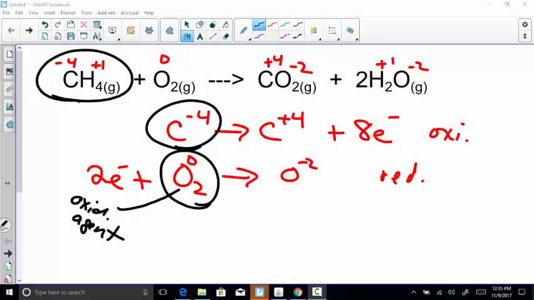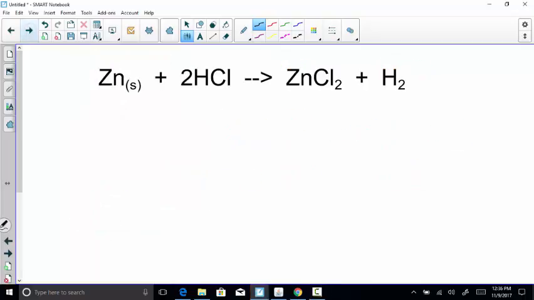And the reducing agent is CH4. The reason why it is CH4 is that it is the substance that's doing the reducing. So that is the reducing agent. Make sense? Got it. Okay. Let's go to the next one.